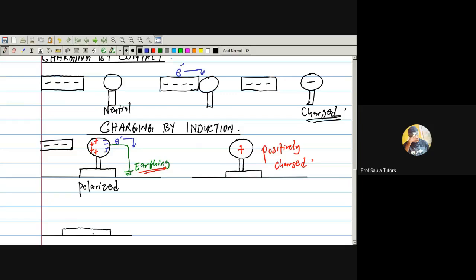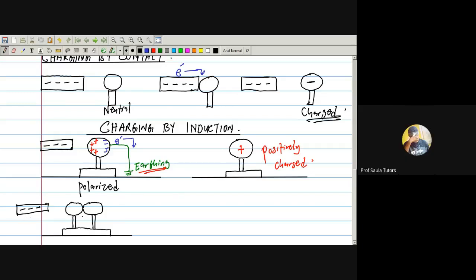If you have something like this, whereby we have these two metallic spheres, and a negatively charged rod. You should have asked me why am I using negative. Don't worry, I'll do another example of positive now. Are we together? Yeah. Good.